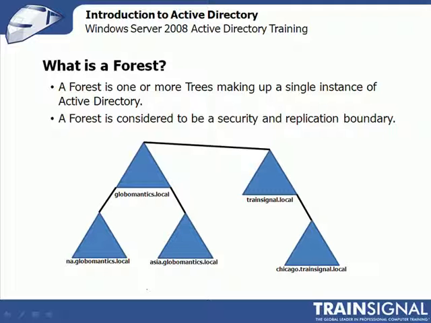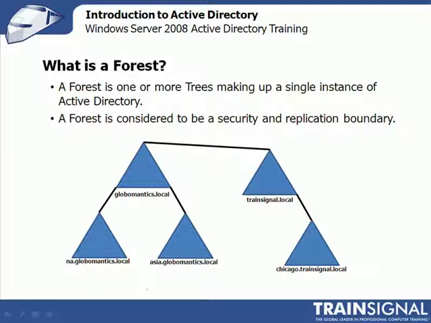Now again, as always, there are certain exceptions to the rule, and there are certain configurations that can be put in place to where, and in this case it's going to be very, very small components, but there are small components that can be replicated between forests if they are set up to do so. But otherwise, by default, that entire Active Directory database is always contained and replicated within a forest.